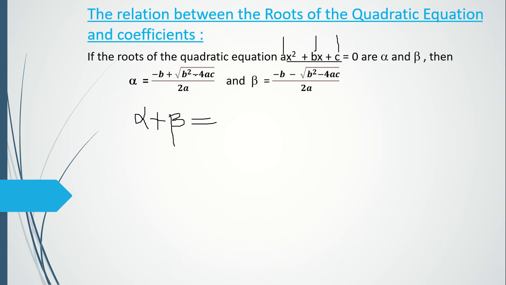When you add these two, the plus and minus root b square minus 4ac get cut, and minus b becomes minus 2b upon 2a. Now this 2 also gets cut, and you are left with minus b upon a.